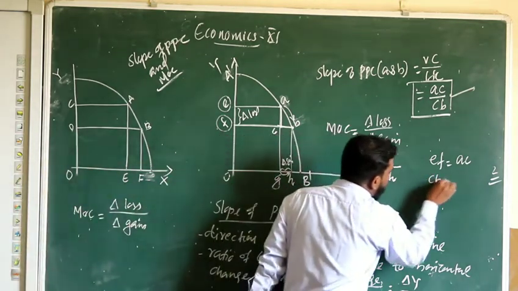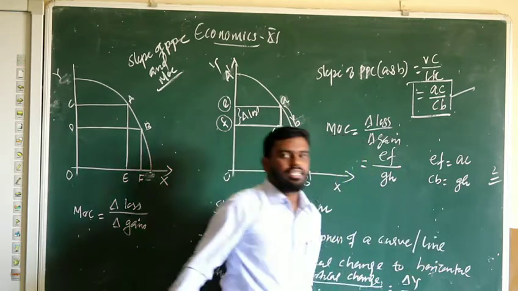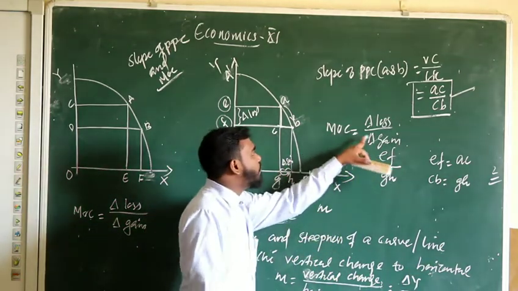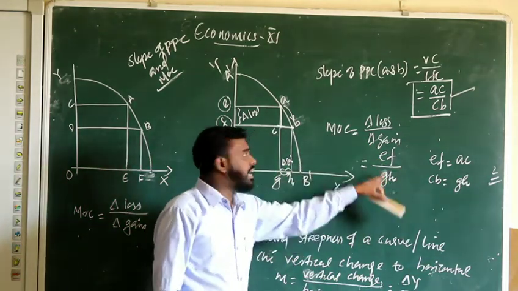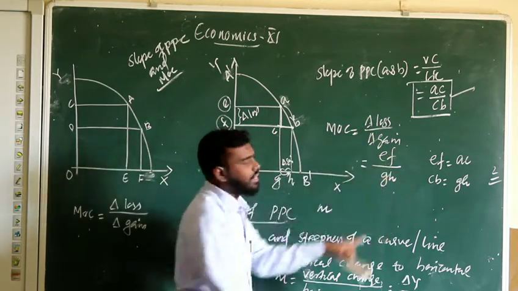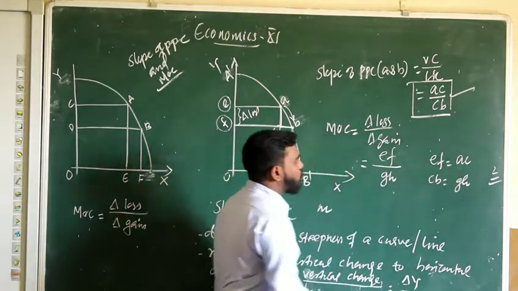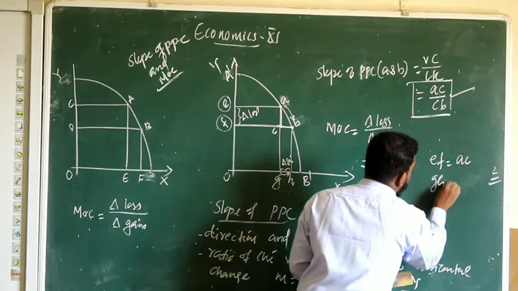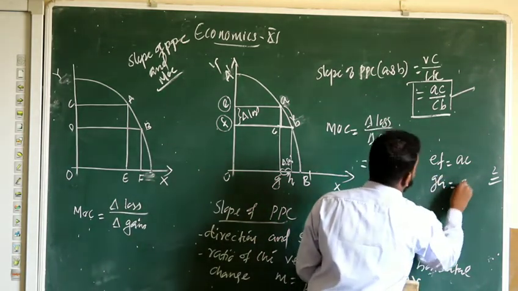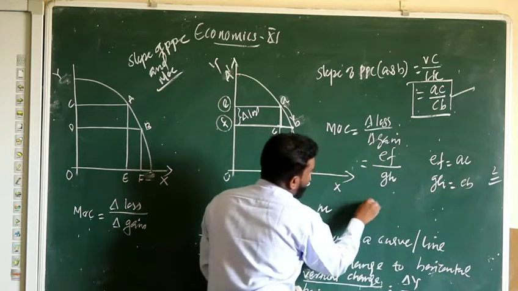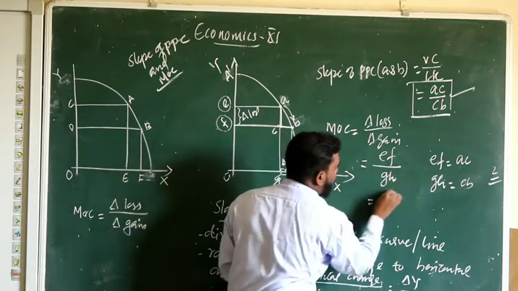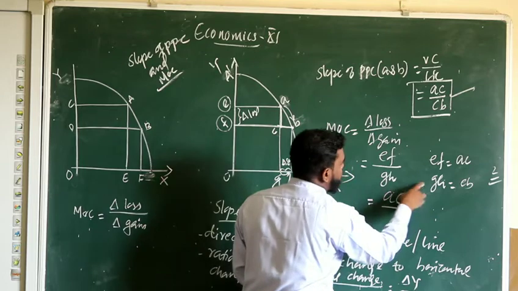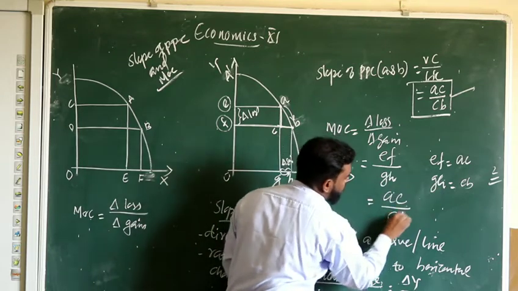So instead of EF and GH, that is delta loss and delta gain, we can write these values. Instead of EF we can write AC and instead of GH we can write CB.